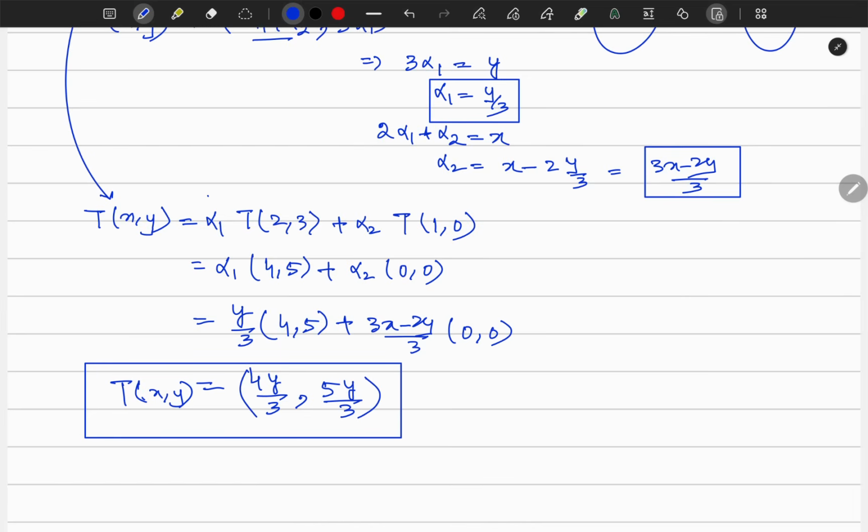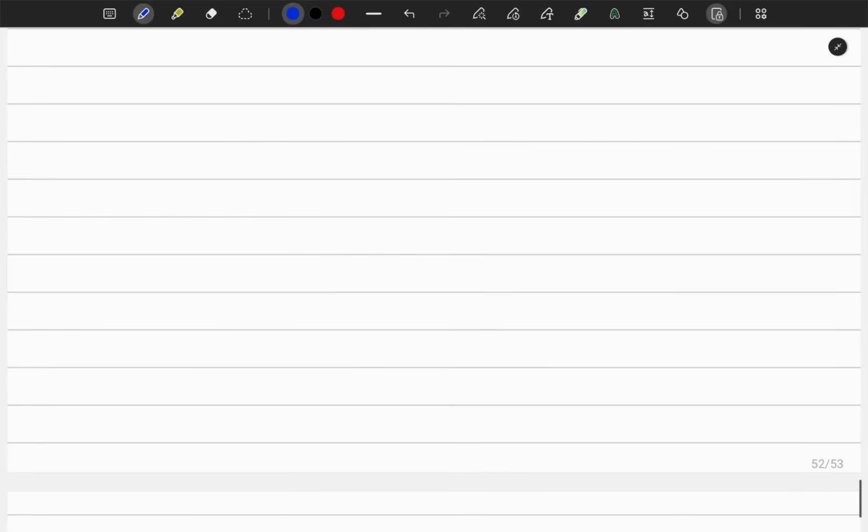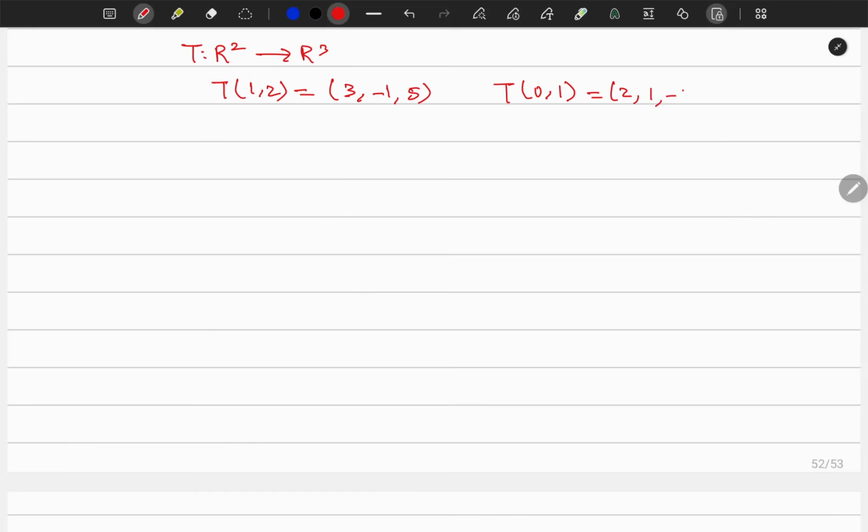Clear? This is how you find a linear transformation when the images of the basis are given. For example, if they ask you to find a linear transformation T from R2 to R3, defined as T of (1 comma 2) is equal to (3, minus 1, 5), and T of (0 comma 1) is equal to (2, 1, minus 1).